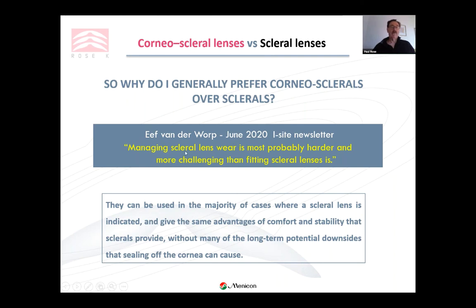His comment was that managing scleral lens wear is probably harder and more challenging than fitting scleral lenses. I think that was a major statement. So if you do fit scleral lenses, it's something we need to watch long term, particularly grafts, particularly older grafts, which are highly at risk.